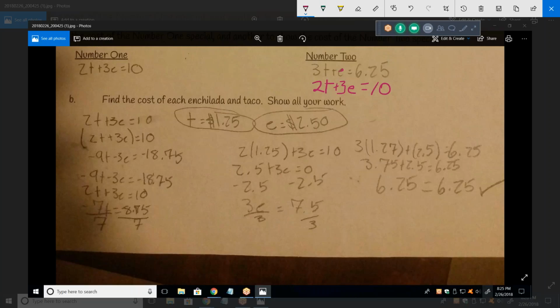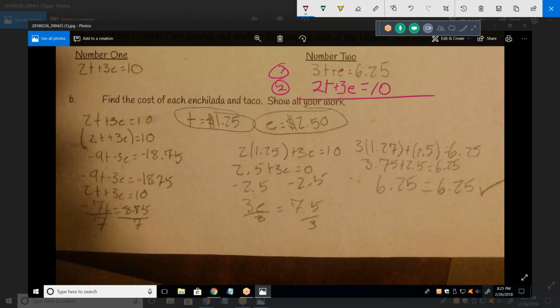So what variable am I going to eliminate? What's the easiest one to eliminate? The enchiladas. Yeah. How do I eliminate that? What can I multiply the top equation, this one, number 1, by? Can I multiply, even though I've reversed, by -3?